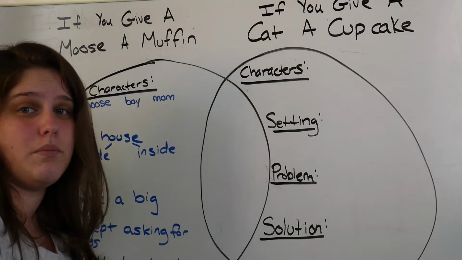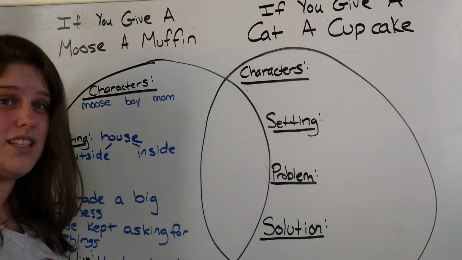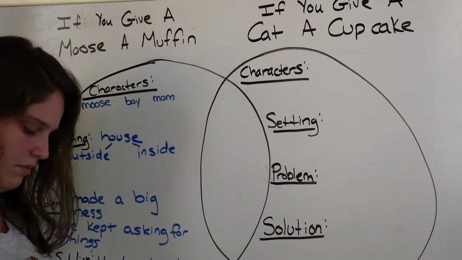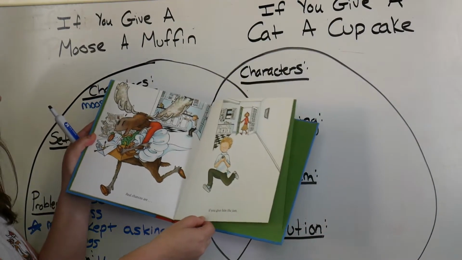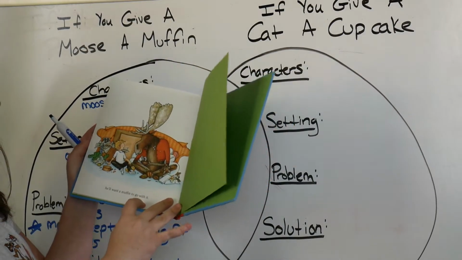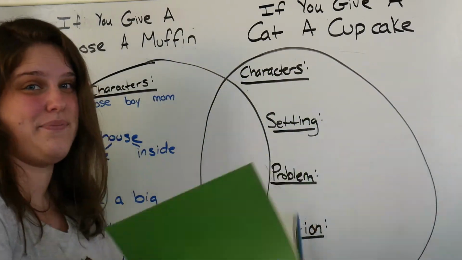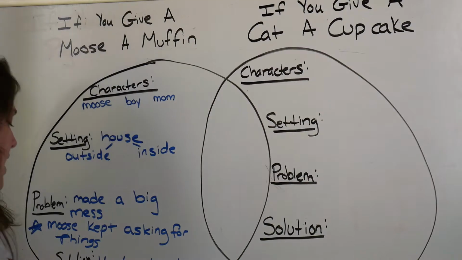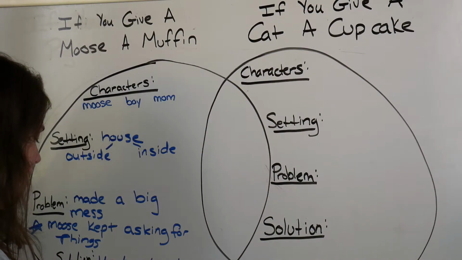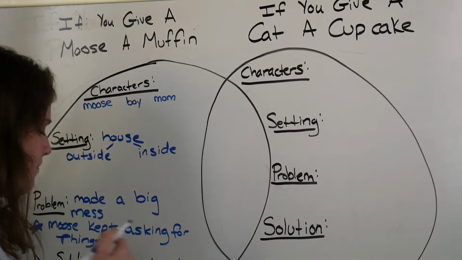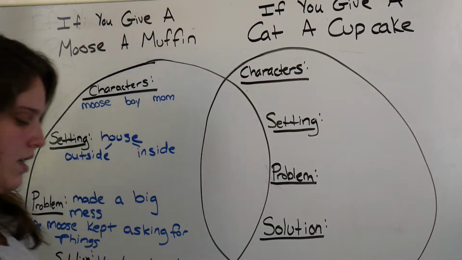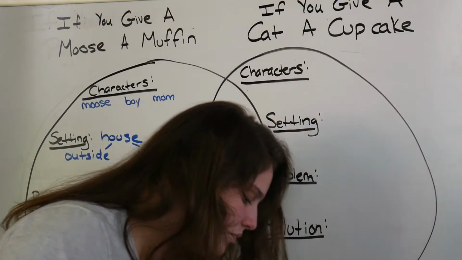No, the book ends with the moose still asking for things. I can read you the last page. Again, it says, and chances are, if you give him the jam, he'll want a muffin to go with it. So he was still asking for things at the end. So I'm just going to put that, still asking. Okay. This book is done.